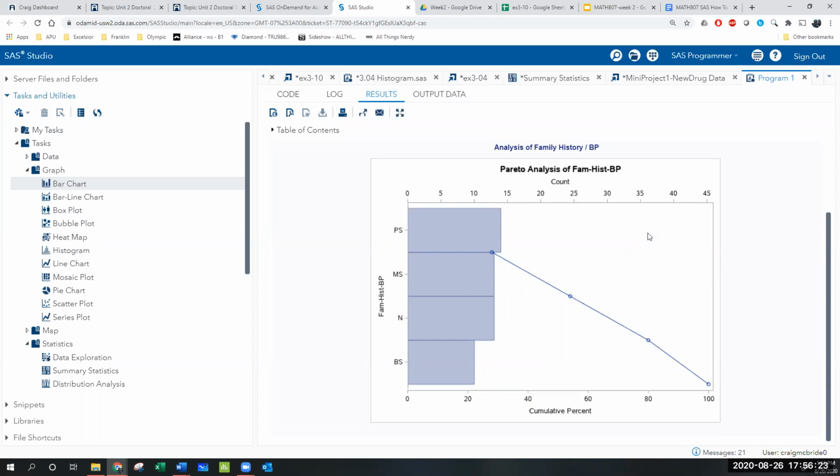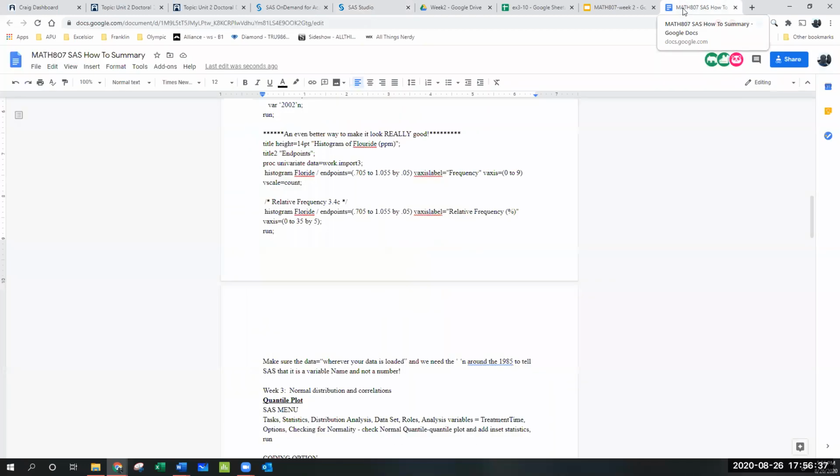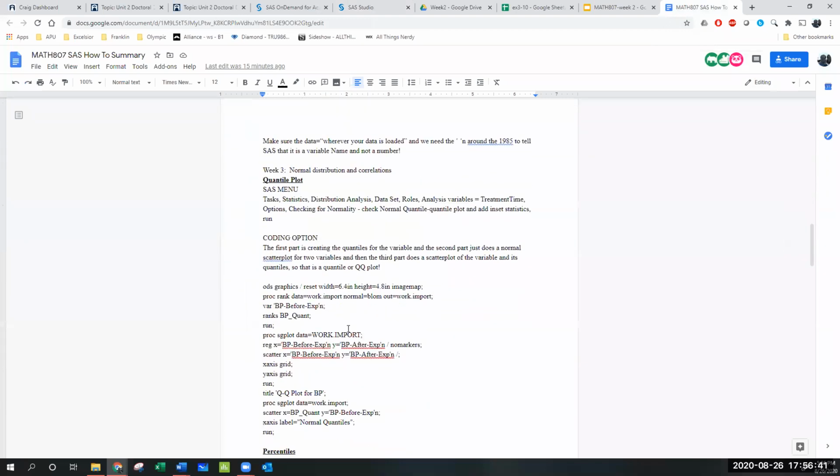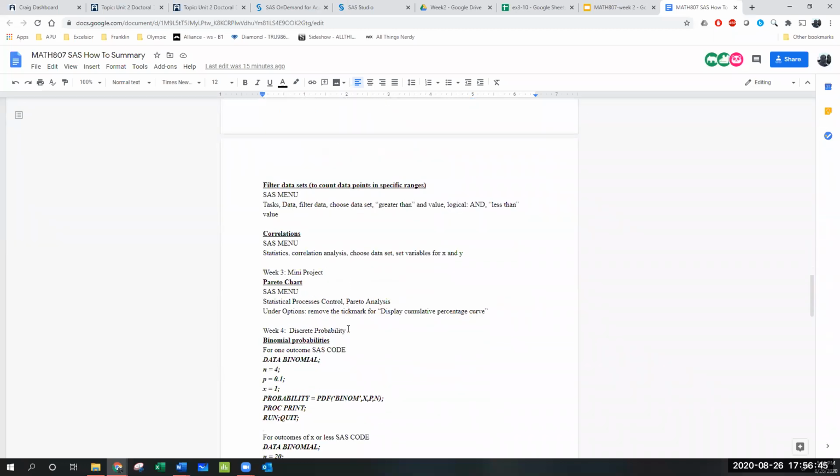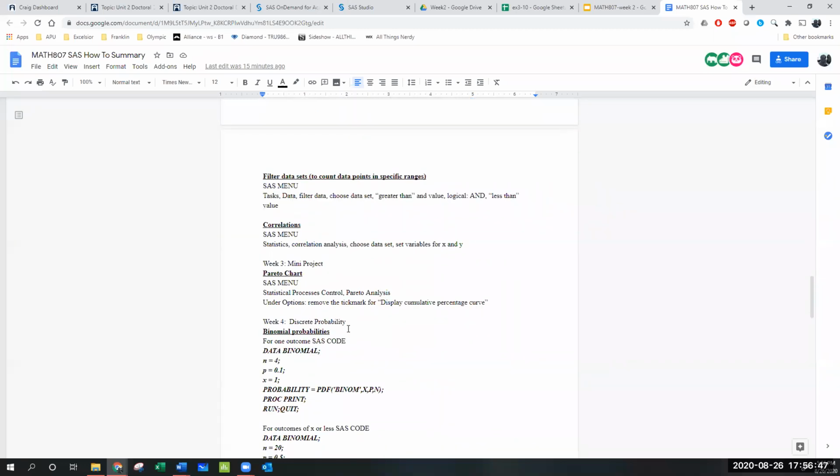But I don't know what that means in terms of analysis. Well, a Pareto chart is just a bar chart where it lists the bars in descending order. Okay. So does that mean that chart says all of the patients or the majority of the patients got their high blood pressure from their dad's side?